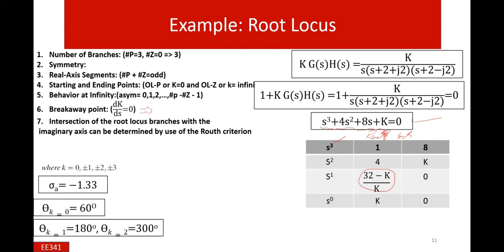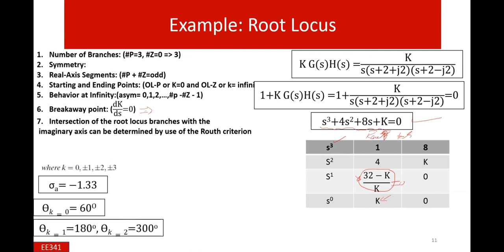Similarly, if we apply the same criteria, we can discuss the stability from this point of view. For example, if this is equal to 0, then k is 32. When k is 32, this coefficient is 0. It means the system is marginally stable, and the system shows oscillating behavior as sustained oscillations.